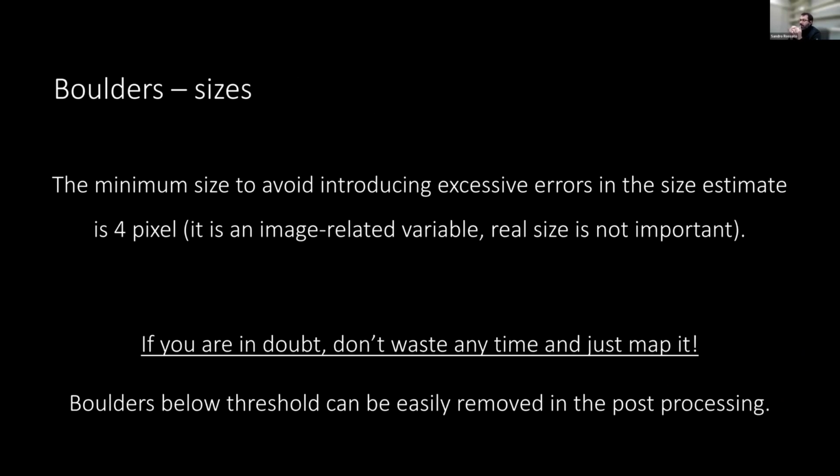It is an image-related variable. It makes no difference if you have an image that is 0.5 meter per pixel or 10 meter per pixel. The size of the acceptable boulder is always 4 pixels because you need to be able to appreciate the illuminated side, the shadowed side, and the cast shadow.